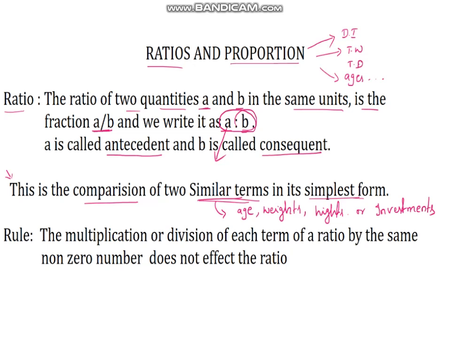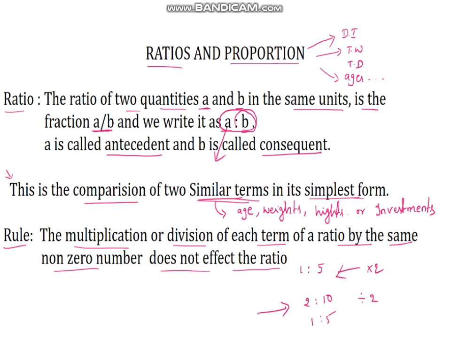Here in ratios we have one rule. The multiplication or division of each term of a ratio by the same non-zero number does not affect the ratio. If we take a ratio 1:5 and multiply it by 2, we get 2:10. If we again divide it by 2, we get 1:5.